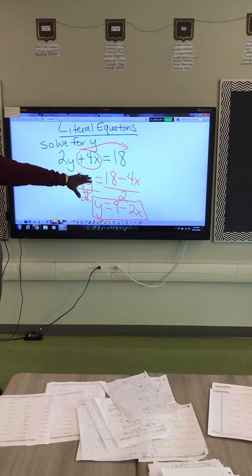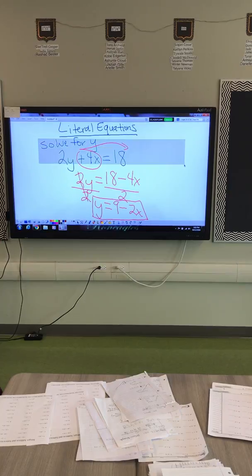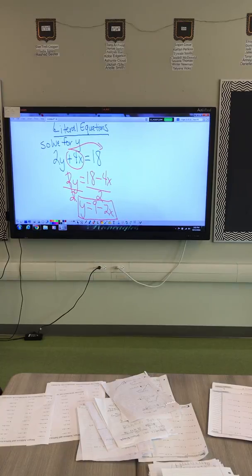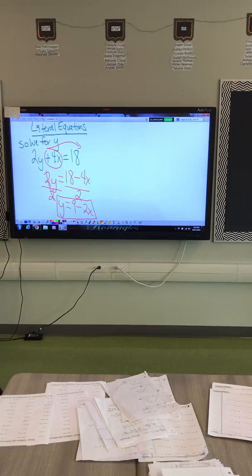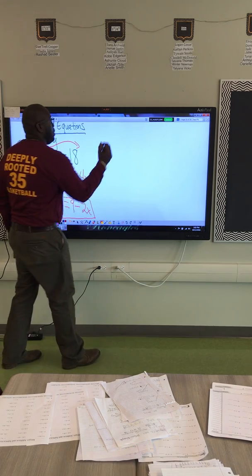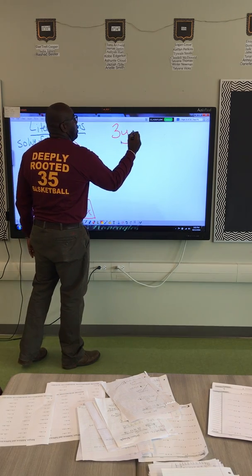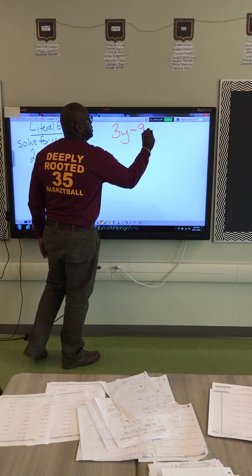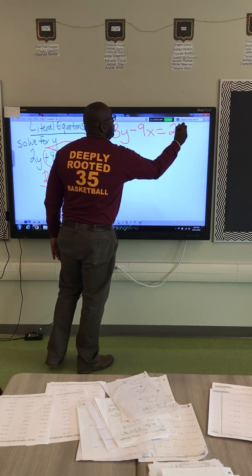So we're going to do one more example together where we divide by a different number in front of the y. 3y minus 9x equals 21.